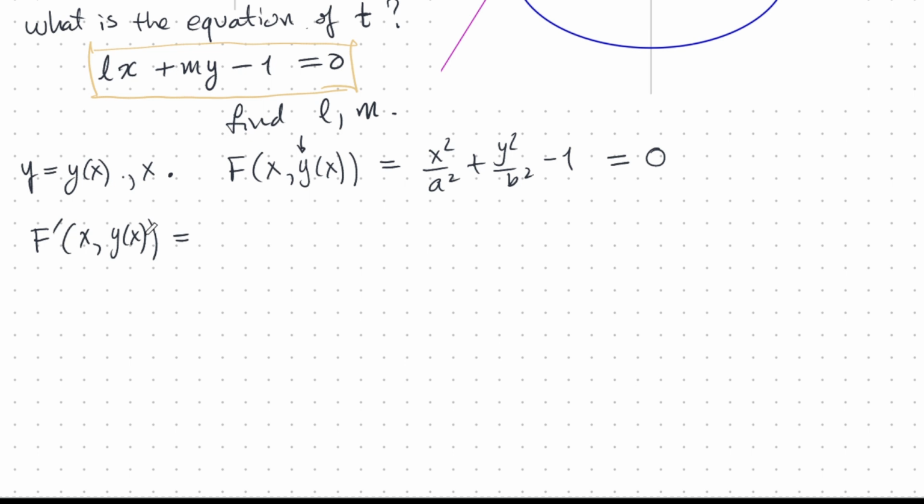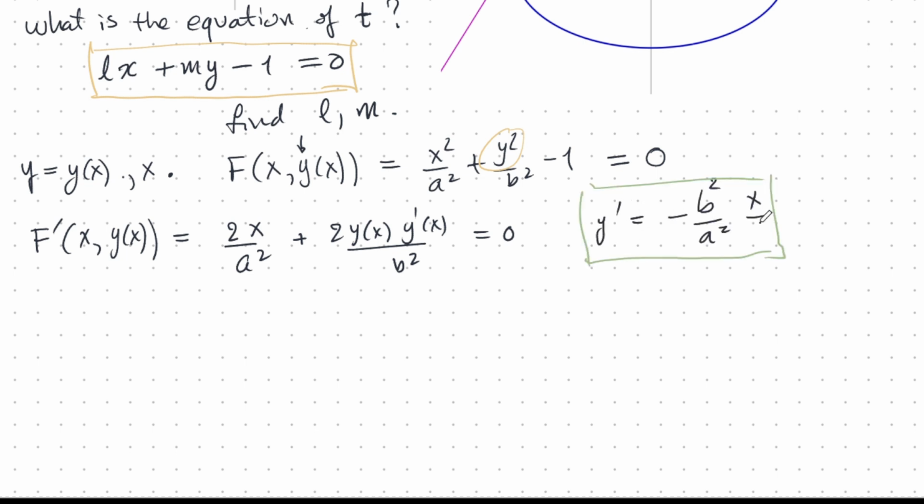And like usual, I find my derivative: 2x over a squared, plus, well, I have to differentiate the inside and outside of this here. So that's 2y of x, y prime of x over b squared, and the minus 1 is 0. So here I can solve for y prime. And there we have it.